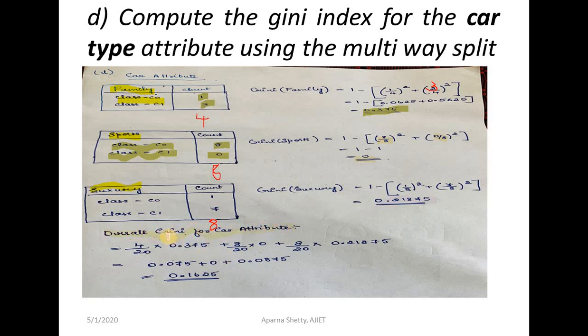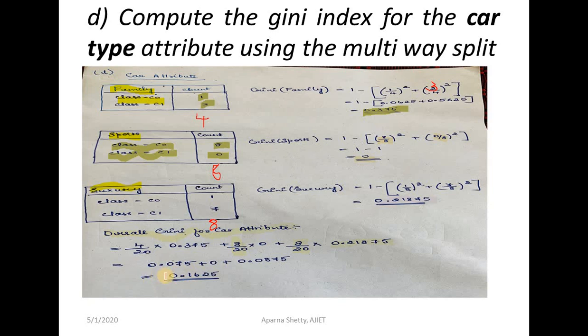It is given by 4, the total number of family cars, divided by the total number of records 20, into 0.375, the Gini for family, plus 8, the total number of sports cars, divided by 20, into the Gini for sports car, 0, plus 8, the total number of luxury cars, divided by 20, into the Gini for luxury cars, 0.21875.